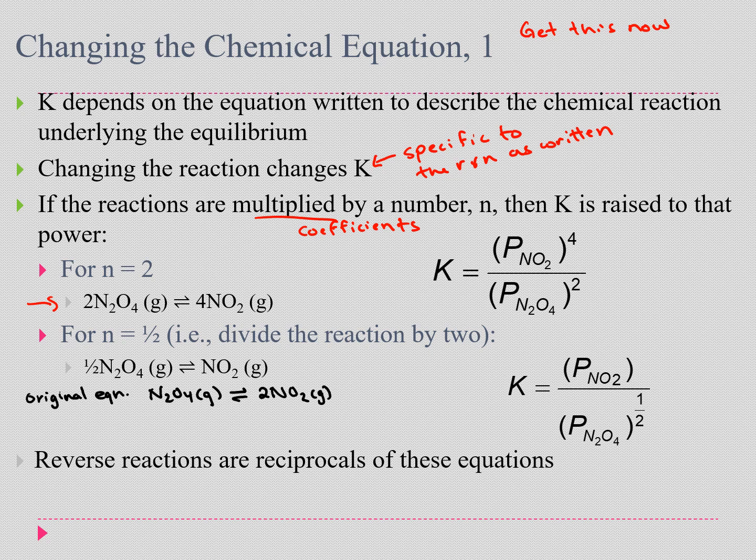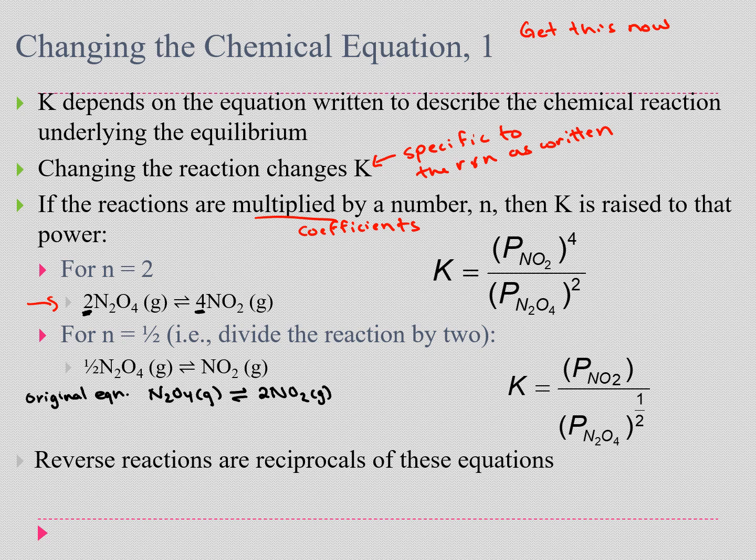Notice that I have taken that original equation and multiplied my coefficients through by 2, so now I have 2 N2O4s and 4 nitrogen dioxides. So we are going to raise our K to that power.